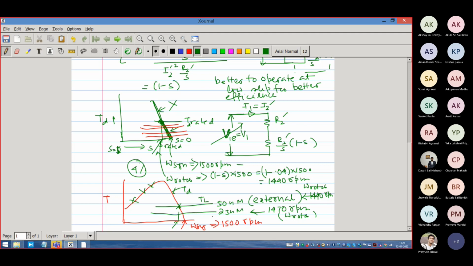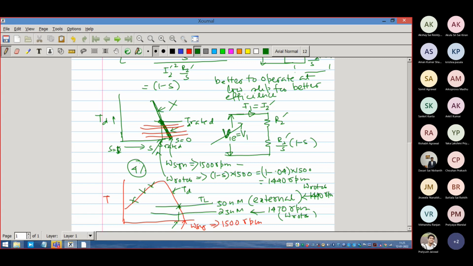I can give you 25 Newton meter at a speed of 1470 rpm as well, but I can also provide 25 Newton meter at 1440 rpm. I can generate that characteristic and provide it.